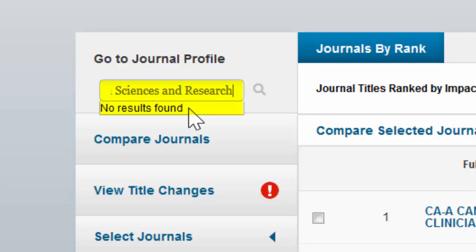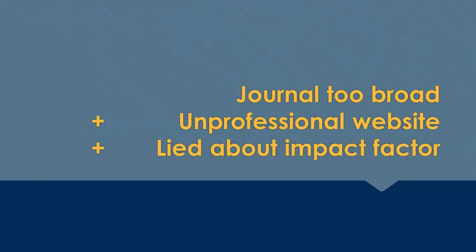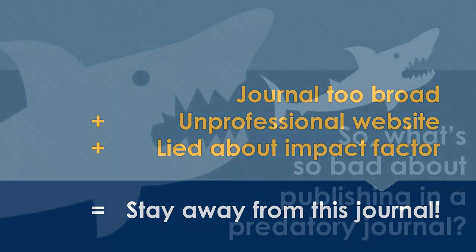And as impact factors are a trademarked product from this vendor, we know that the International Journal of Health Sciences and Research lied about this. So because this journal has a too broad umbrella as far as topics it covers, the web page is unprofessional, and they lied about the impact factor, I know enough that I will steer clear of this journal.